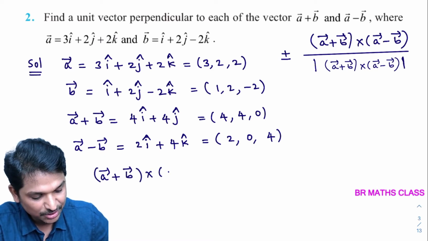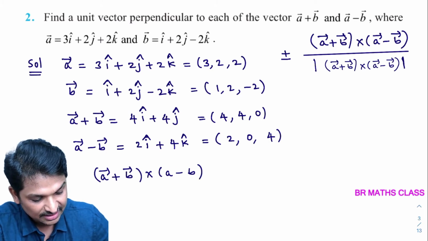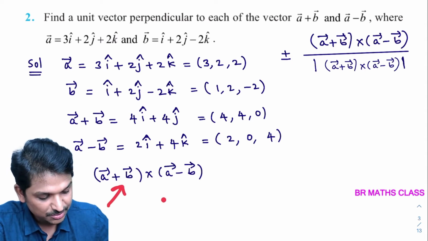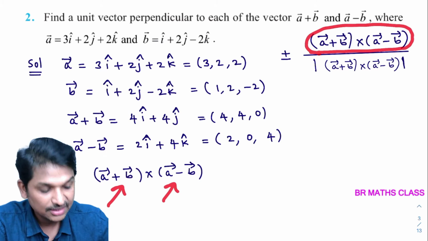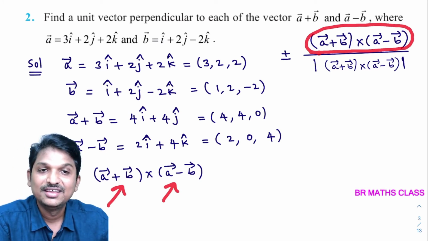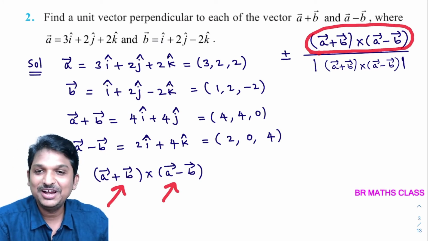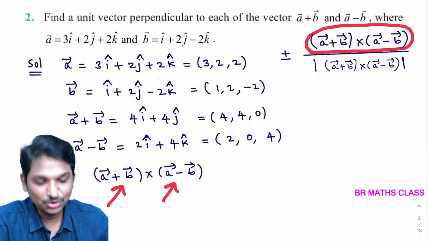This is the vector which is perpendicular to A bar plus B bar as well as A bar minus B bar, okay? So how to calculate this?